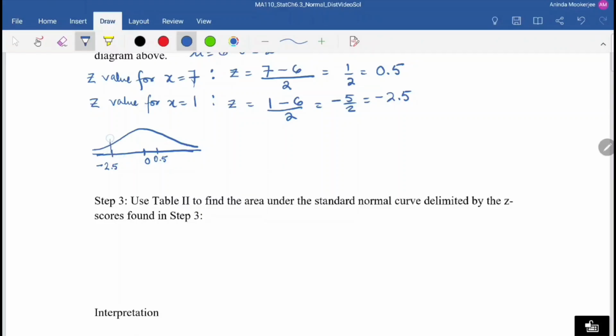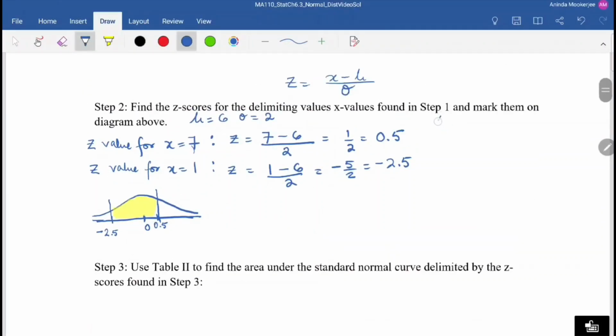So I'm going to extend these lines vertically and shade this area. This is our region of interest. Now that we have our Z values, we need to find the corresponding areas. So area to the left is what we are looking for. I'm going to first find the area to the left of 0.5.